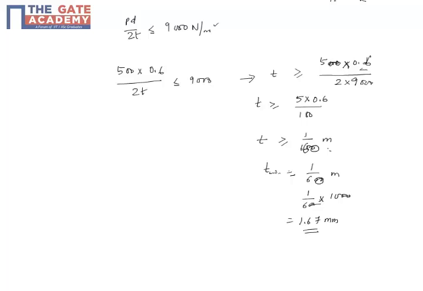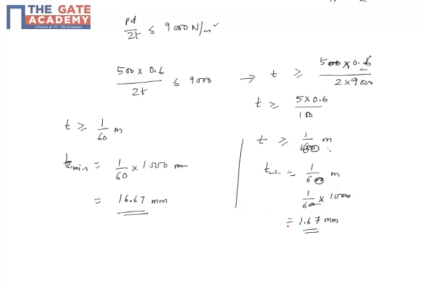Let's just write down here: T is 1 by 60 meters, and so the minimum T which is possible is 1 by 60 meters, and when you convert meters into mm, it's 1000 mm. So this is 100 by 6, which is 16.666, so 16.67 mm.